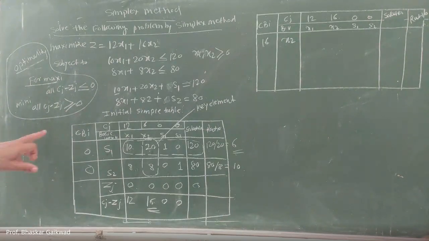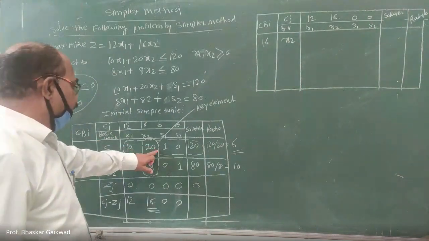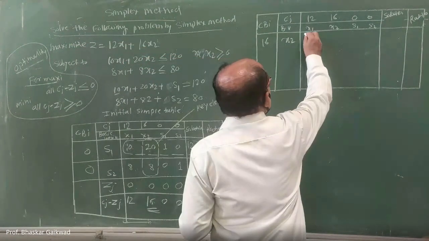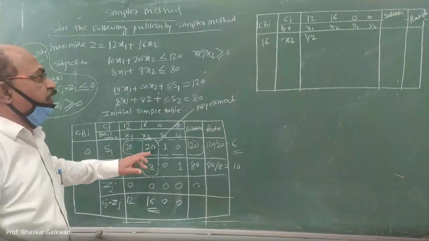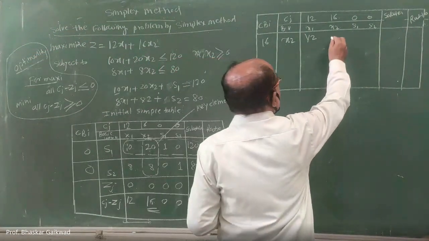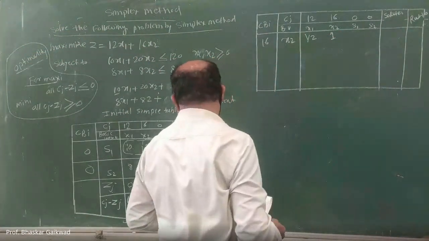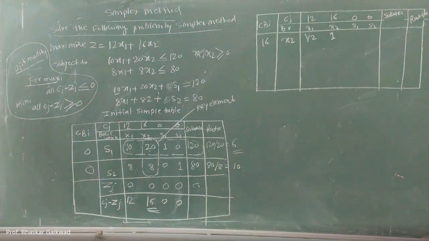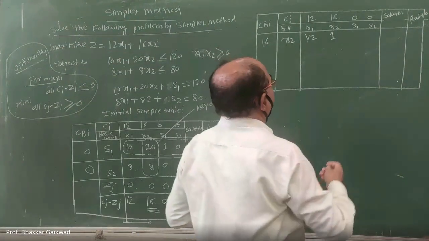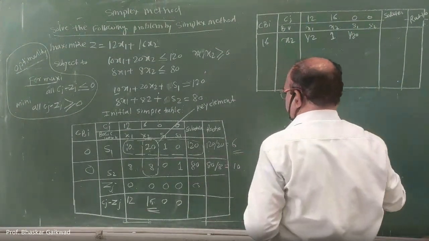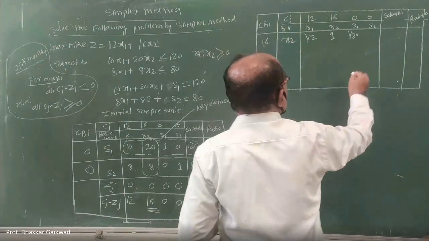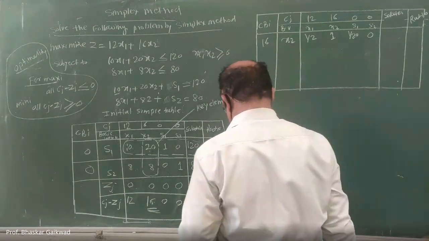So 10 divided by 20, what is it here? 1 by 2. Then 20 divided by 20, here it is 1. And 1 divided by 20 is 1 by 20. And 0 divided by 20 is 0.